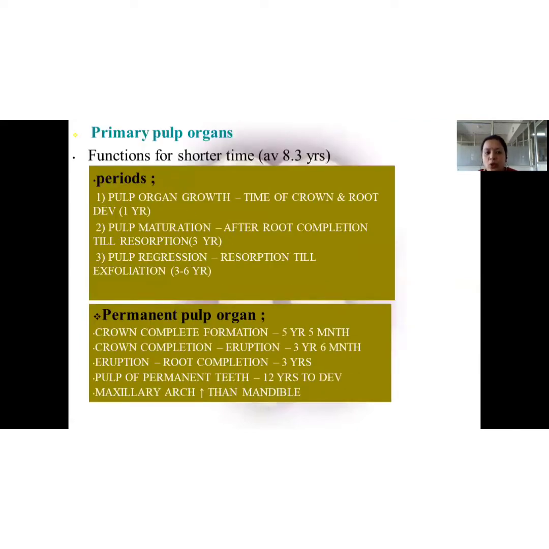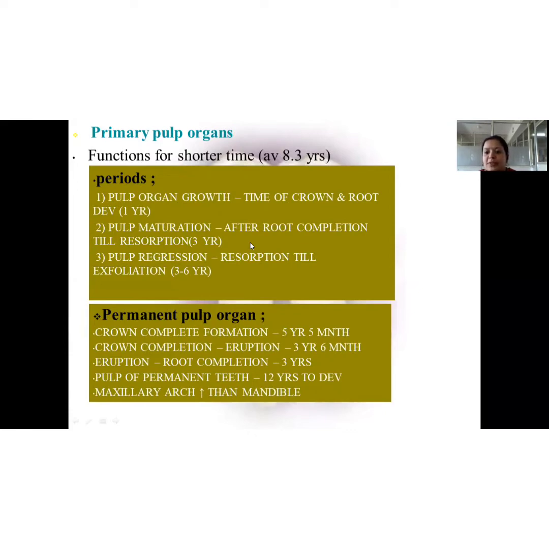Now, the primary pulp organ. It functions for a shorter time, on average 8.3 years, because the teeth shed. Pulp organ growth is at the time of crown and root development, that is 1 year. Pulp maturation occurs after root completion till resorption. So pulp maturation is a continuous process.